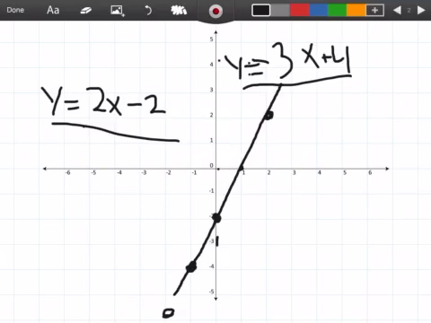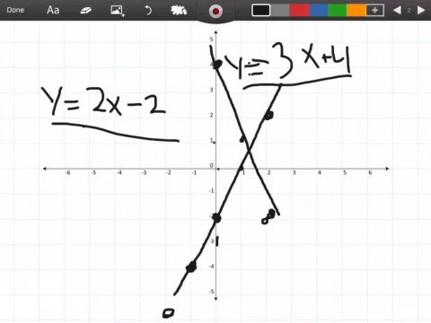Then for negative 3x plus 4, we have 4 right here. We go down by 3, negative 3, and right 1. You can see our lines collide at about, let's say, a quarter up.